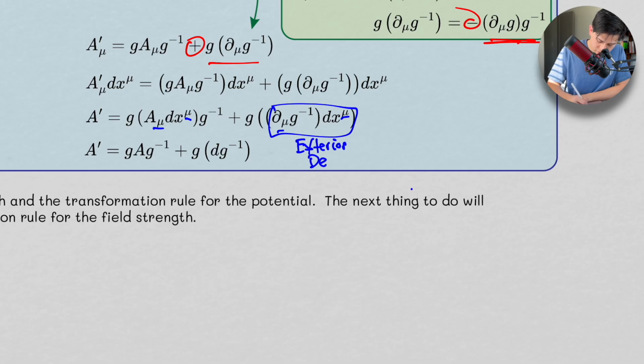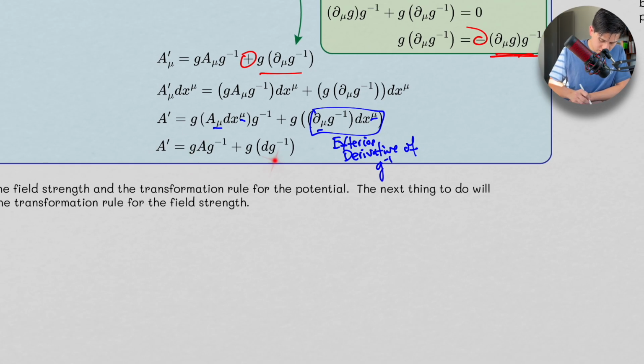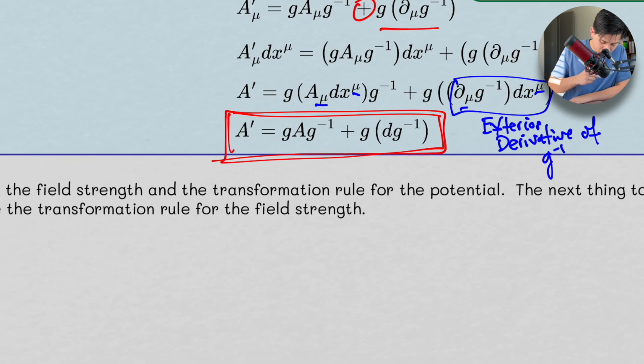of G inverse, right? And so what we get is this transformation rule right here. So this is the transformation rule for our potential, right?